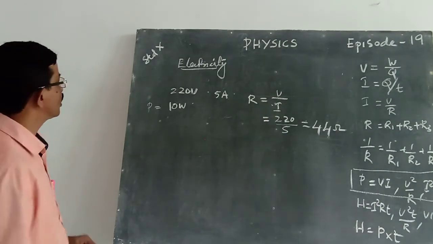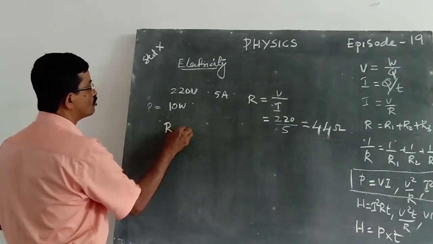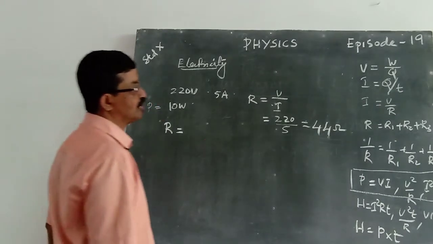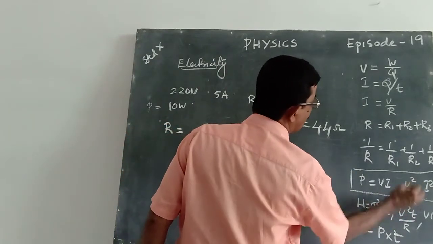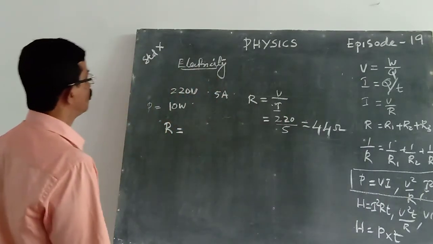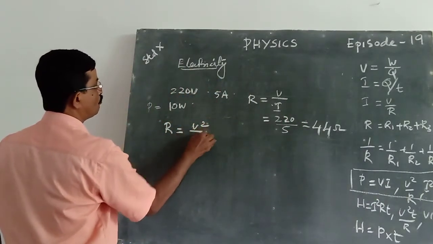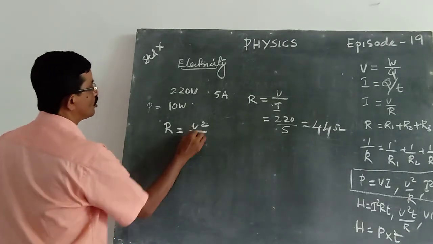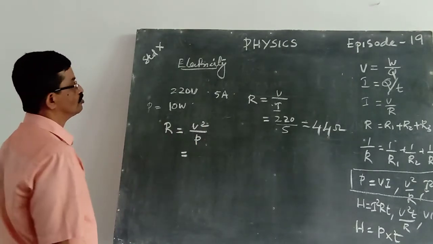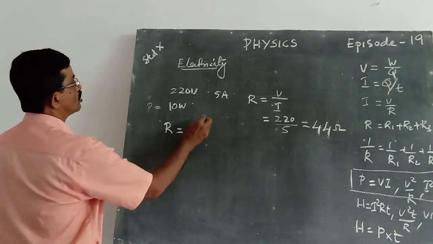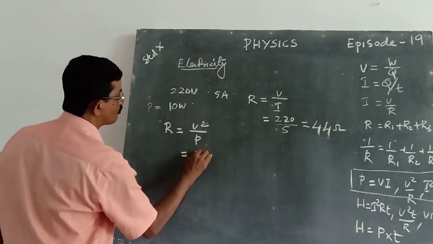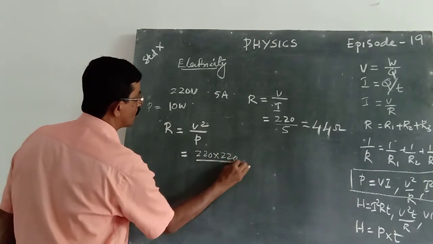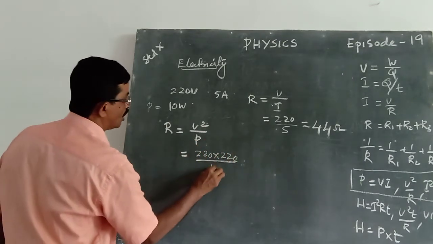We know resistance R is equal to, from the relation P is equal to V square by R, R is equal to V square by P. That is V square, 220 into 220, divided by P, 10 watt.